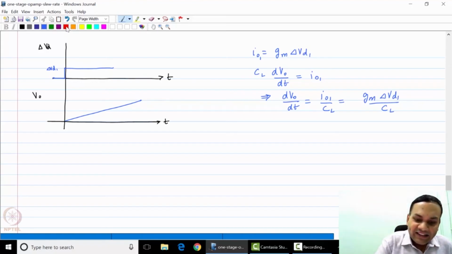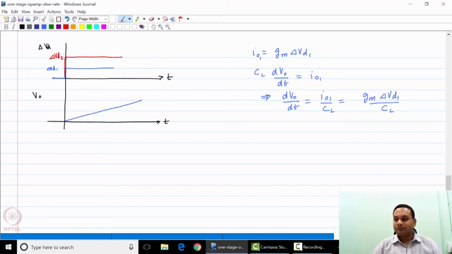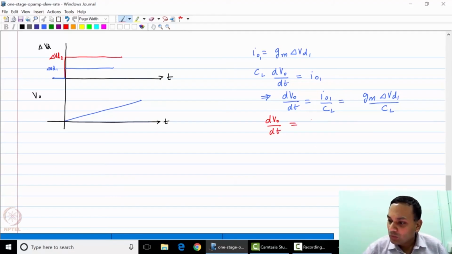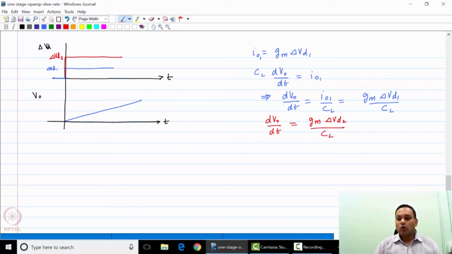Now let us say I increase the value of delta VD1 to delta VD2. I apply a larger step at the input. In that case, dVO by dt is equal to GM delta VD2 by CL, and so on.